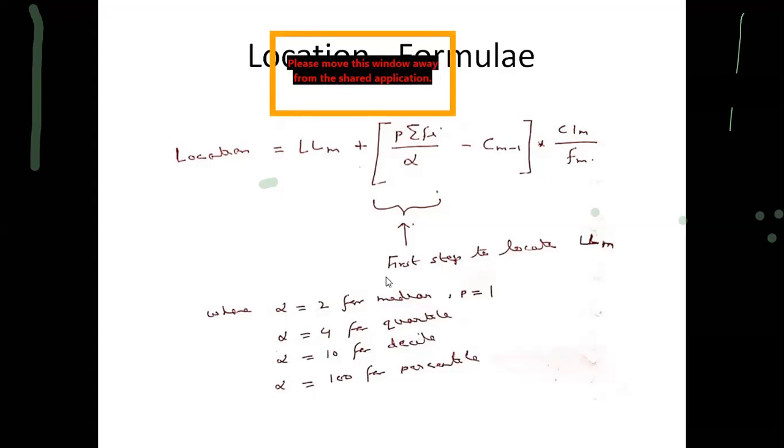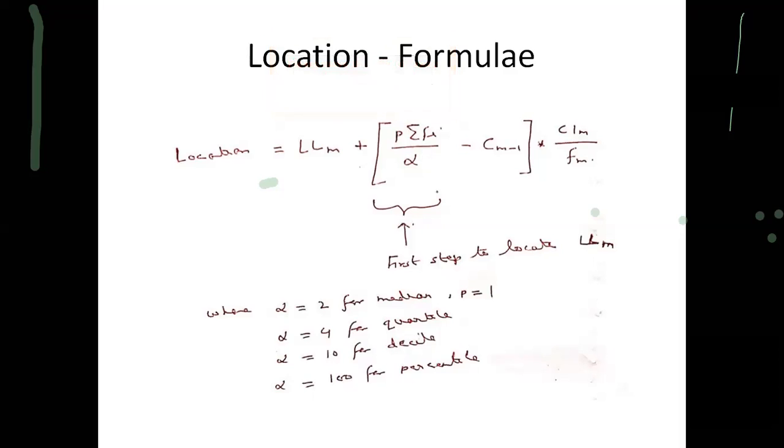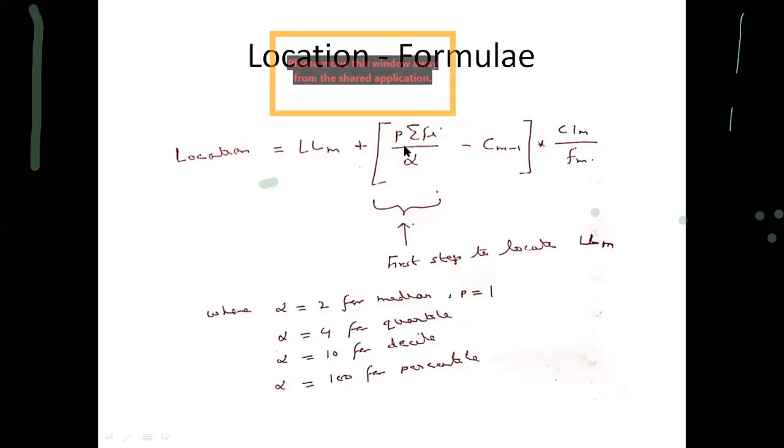Alpha will be 4 for quartile, 10 for decile and 100 for percentile. If you want to find the first quartile, you write P as 1 and alpha as 4. For the second quartile, P will be 2 and alpha will be 4, and 4 divided by 2 becomes sigma fi by 2.